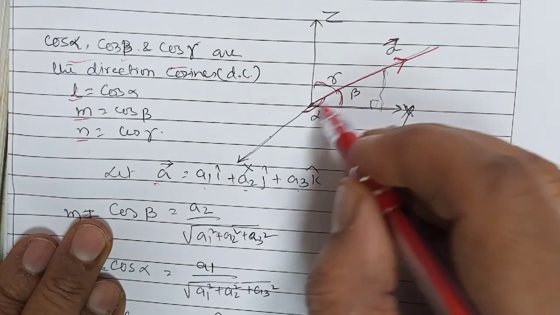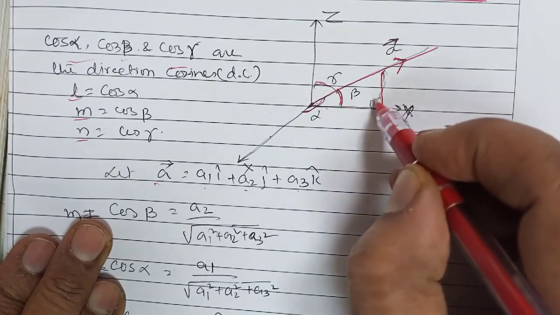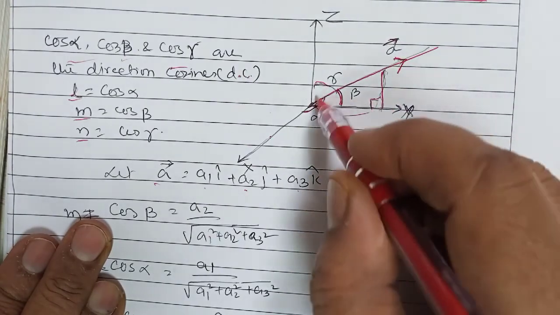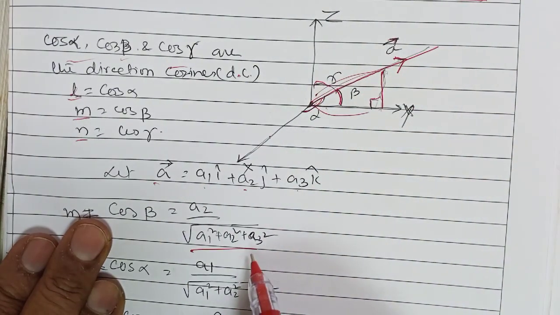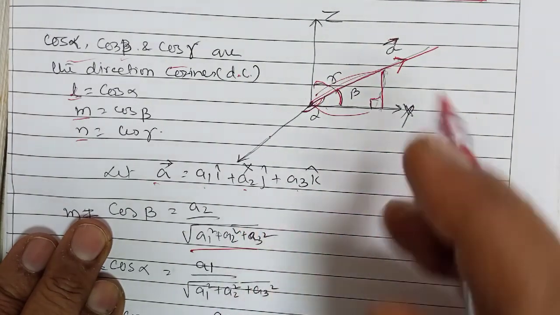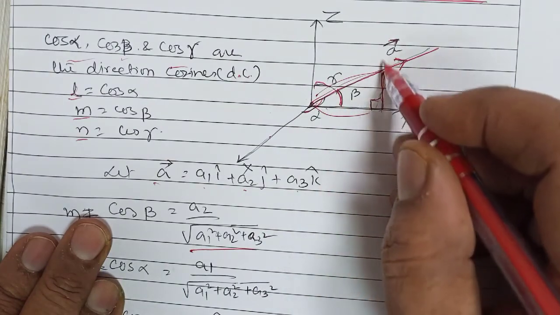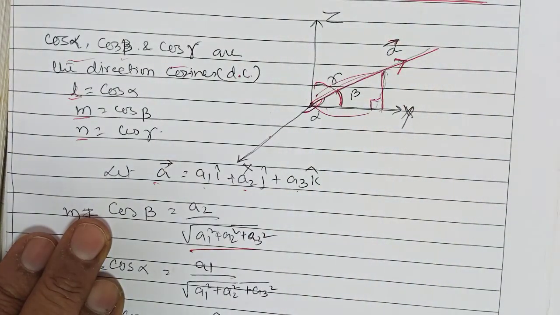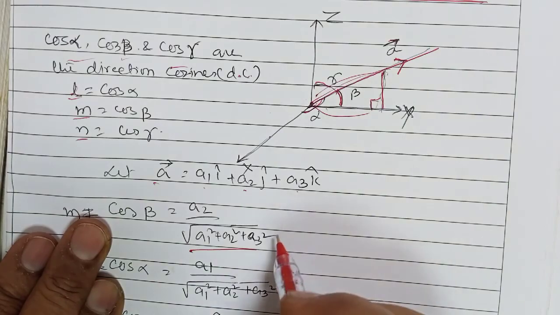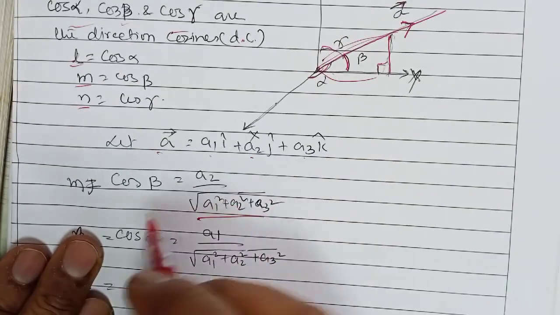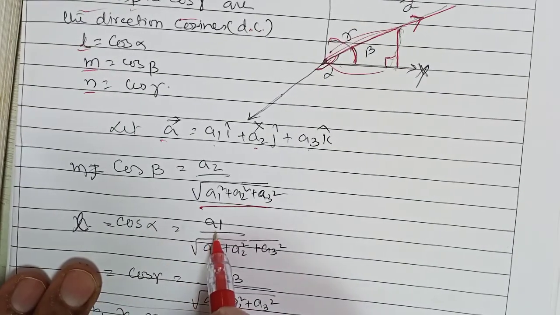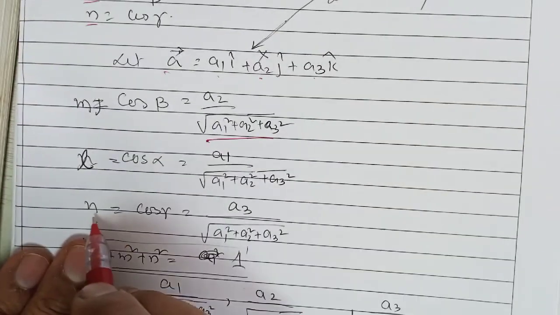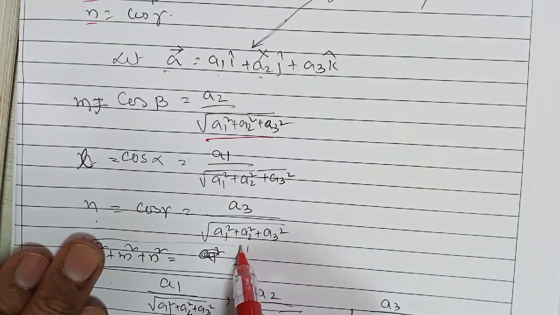Then cos beta will be this by this. This length is the modulus of the vector, and if we draw a perpendicular, this will be A2. So cos beta is A2 by the modulus, then cos alpha will be this, and cos gamma will be this.